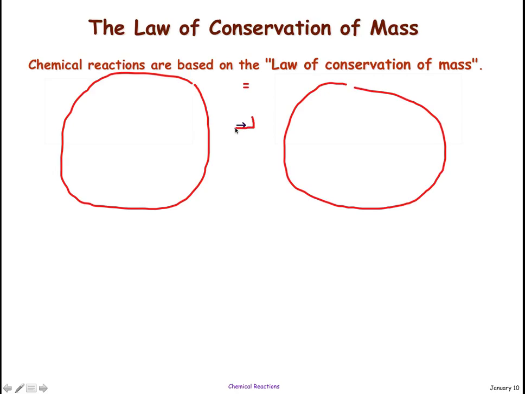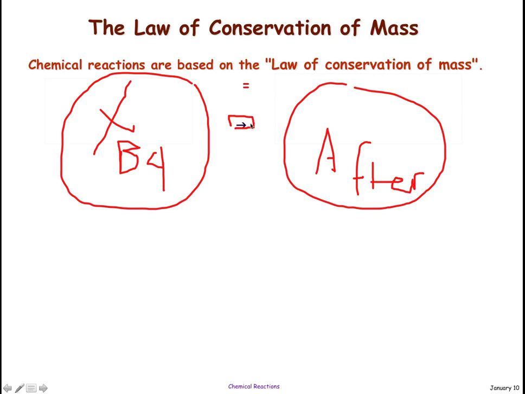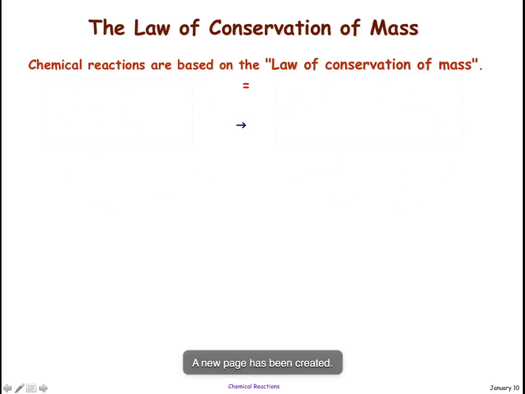The arrow here tells you that this side is before the reaction, and this side is after the reaction. So you can think of this arrow sign in terms of an equal sign. So let's take a look at this.